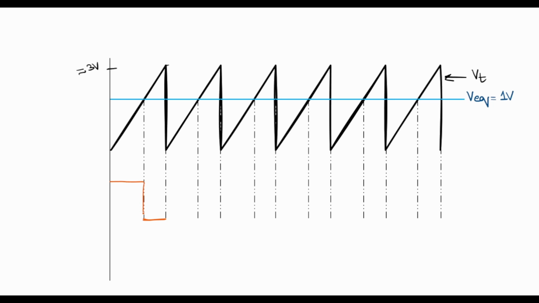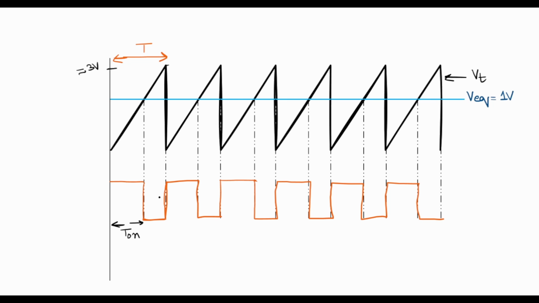So I get a pulse like this over one period. So this is one period. The period during which the output pulse is positive, we call T on, and the period during which the output pulse is 0, we call T off. And this is the pulse width modulated voltage which drives the base of the transistor.